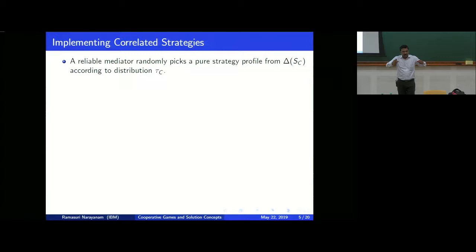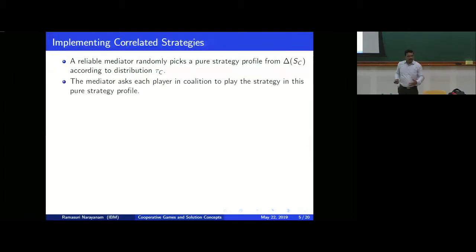You understood, right? A probability distribution over all possible profiles of pure strategies. So suppose a mediator selects a particular pure strategy profile randomly for the correlation C, and then prescribes that all the players in the subset C should play this pure strategy profile. He prescribes, okay? But the players are playing the game independently.